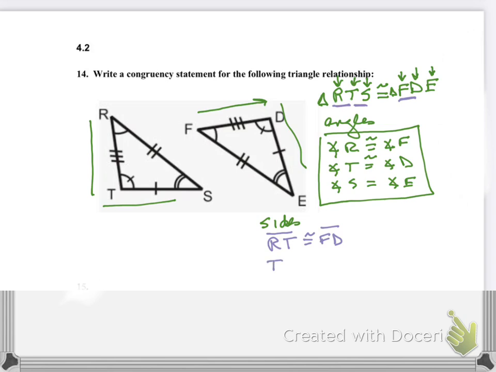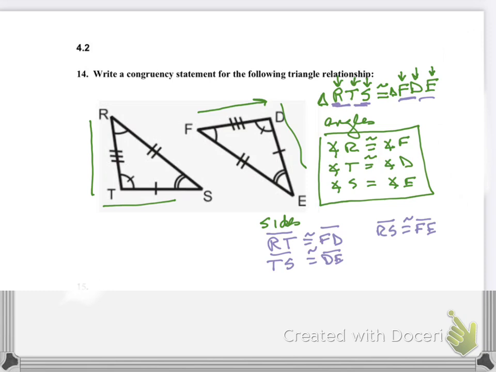TS is congruent to DE. Go ahead and put your line segments on both of them. Okay, so then you're going to go first and last, R and S. R and S is congruent, first and last, F and E. Okay, so look at my figure.